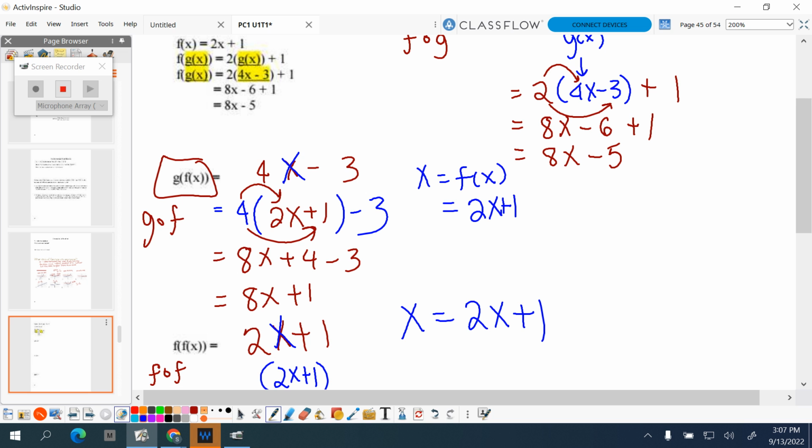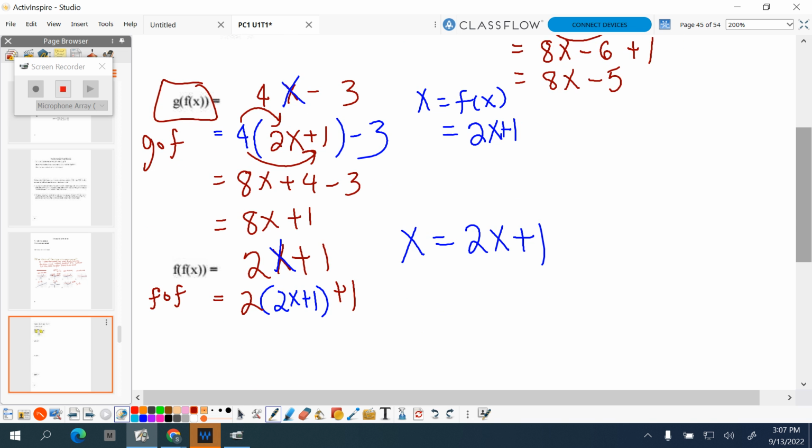All right? On the outside, I have 2 plus 1. Then I have 4x. 2 times 2x's is 4x. 2 times positive 1 is positive 2 plus 1 equals 4x plus 3. And I'm done. All right?